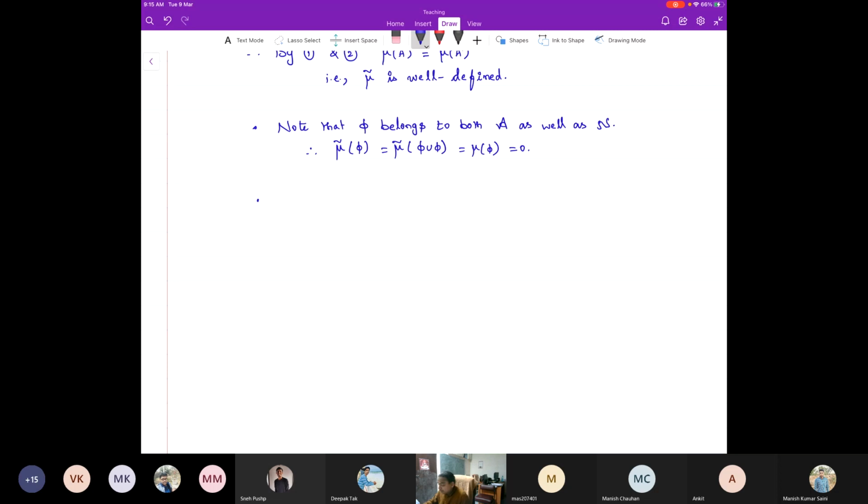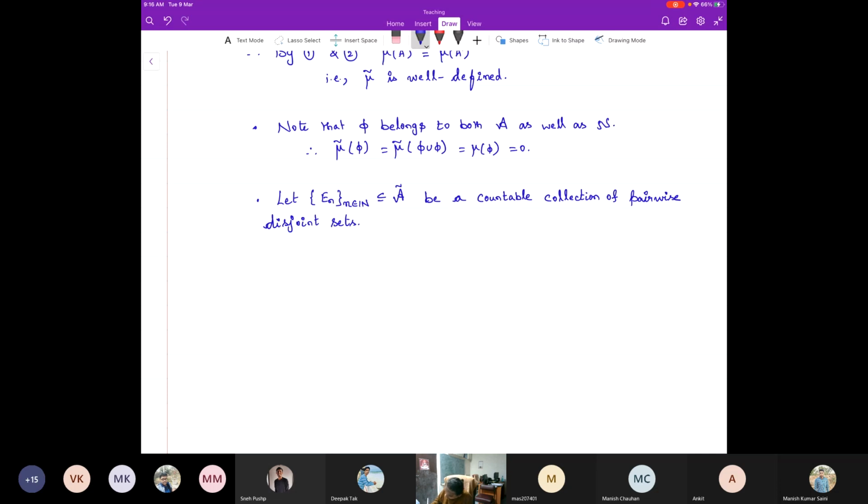Second thing, we'll have to show countable additivity. So let E_n, n in N, subset of A tilde, be a countable collection of pairwise disjoint sets.